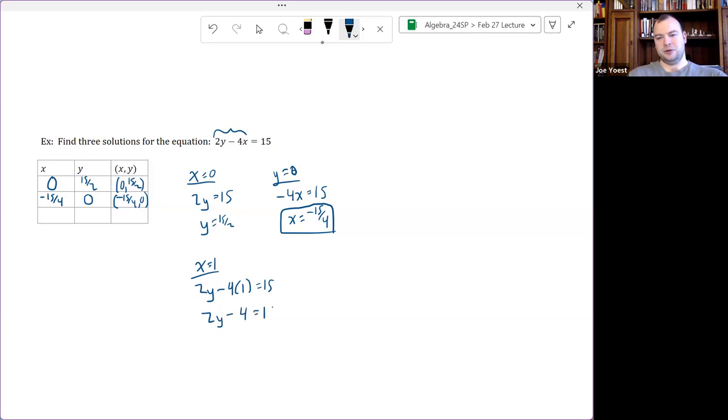So I get 2y minus 4 equals 15. Add 4 to both sides, 2y equals 19. Divide by 2, y equals 19 halves. Again, not a super nice answer. But like I said, with the evenness versus the oddness of the two sides, it's going to be pretty tough for me to find a nice answer in a problem like this.